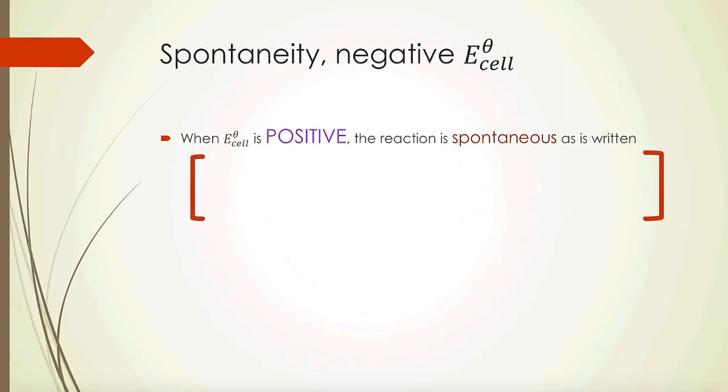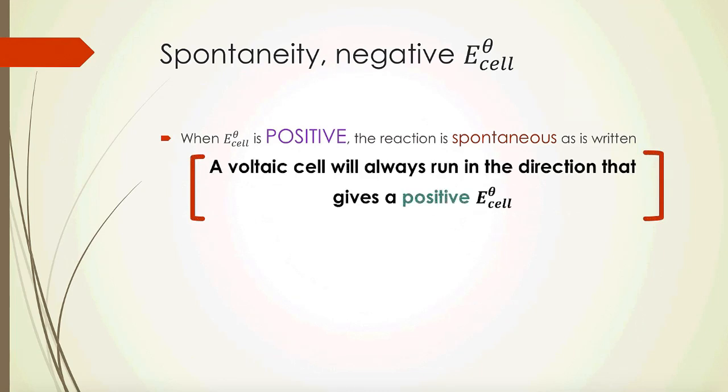So let's see how delta G is related to the standard cell potential. The voltaic cell will always run in the direction that gives a positive standard cell potential. Okay, it has to be positive. This is for voltaic cells only. And that's because a positive value tells us that it is spontaneous.